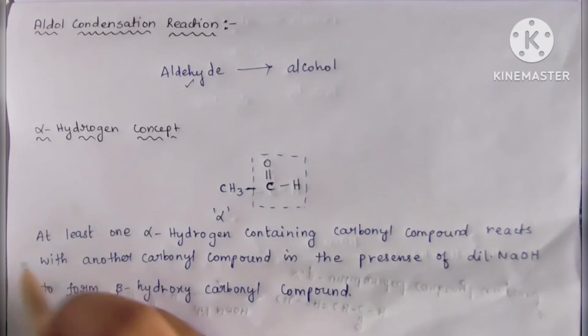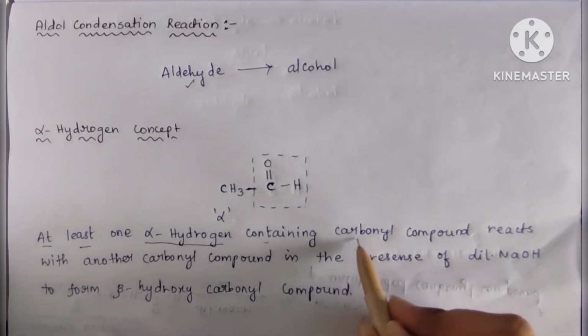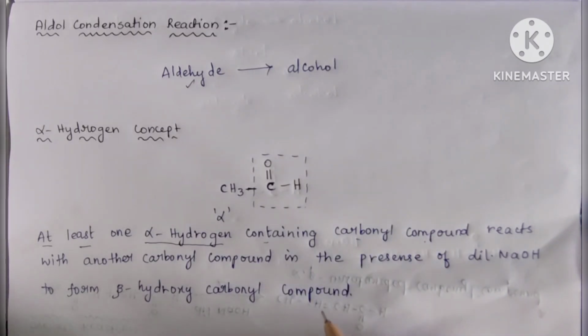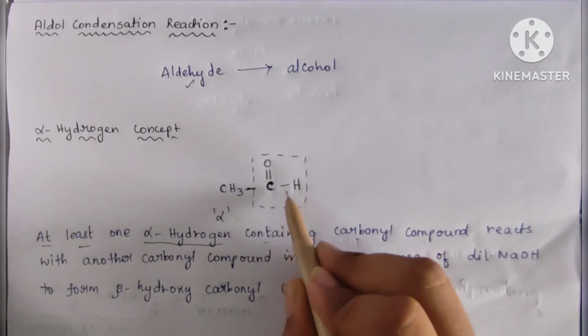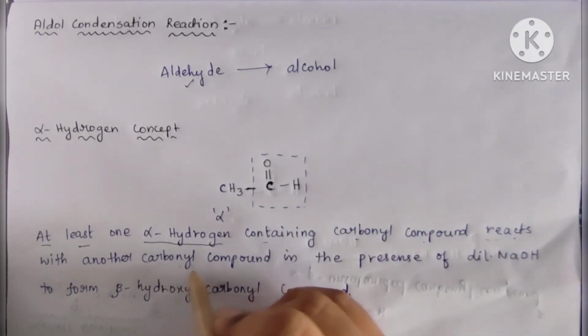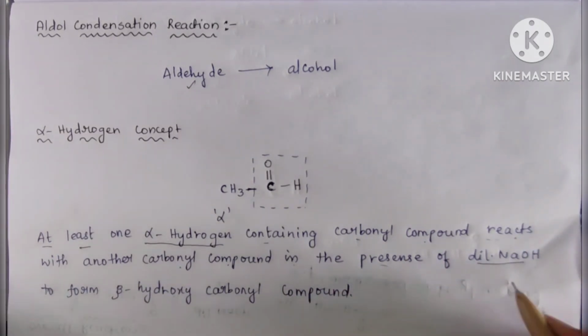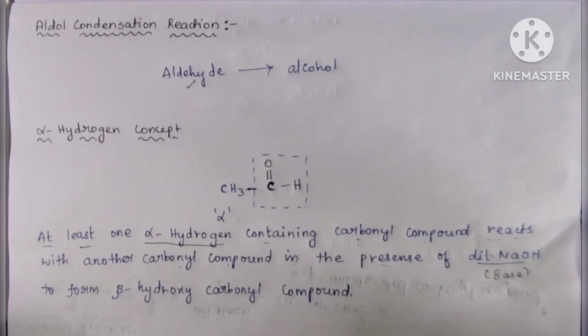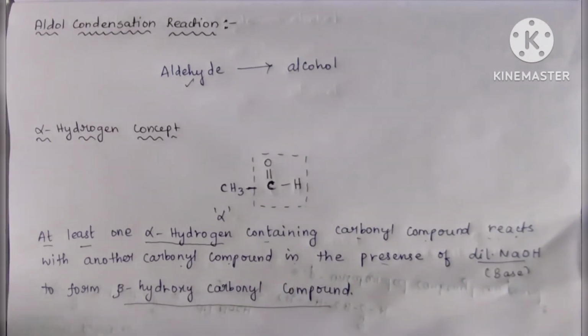So at least one alpha hydrogen containing carbonyl compound, where carbonyl means C double bond O bond H, reacts with another carbonyl compound in the presence of dilute NaOH, which is our base, to form a beta hydroxy carbonyl compound.